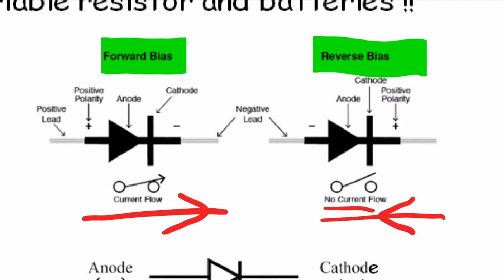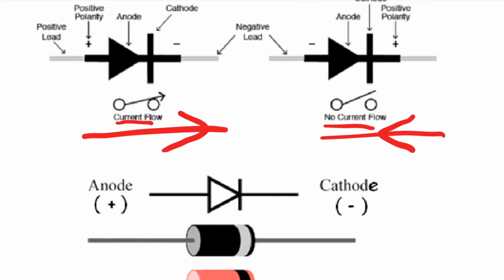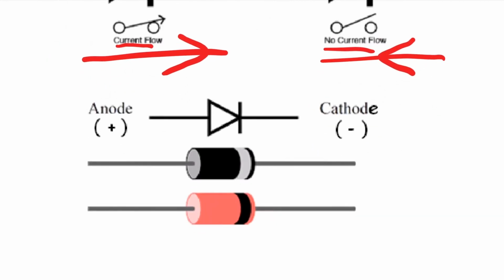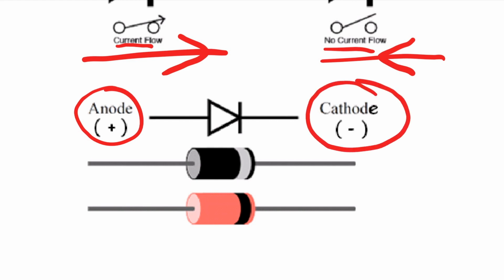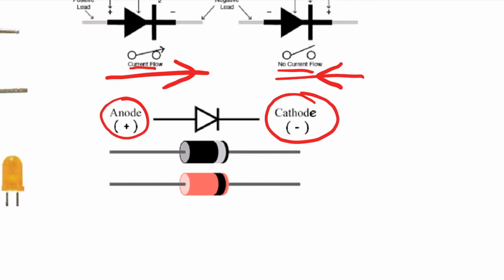No current flows in reverse bias. Current does flow in forward bias. You might have heard of these terms anode and cathode before if you've done electrolysis in chemistry. The positive side and negative side of the diode.